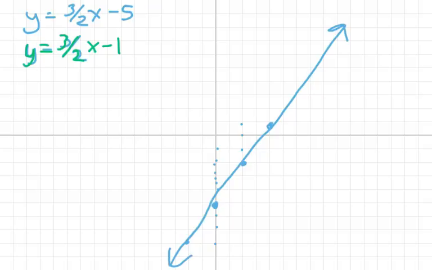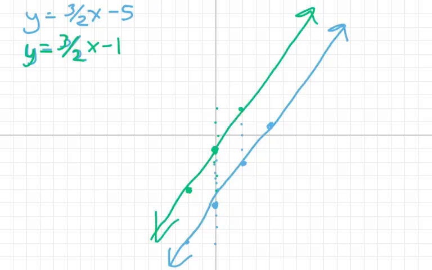All right. The next one, my y-intercept is negative 1, but with the same slope. So we're going to go up 3 over 2, and down 3 over 2. And I'm going to graph this as best as possible. We have two parallel lines.